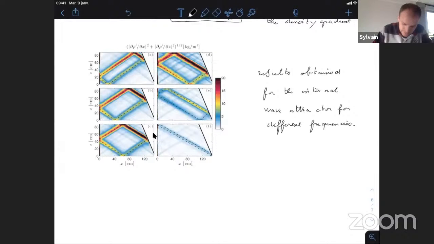And you can see this nice pattern that I have shown you before. And you can also see the small scales here.